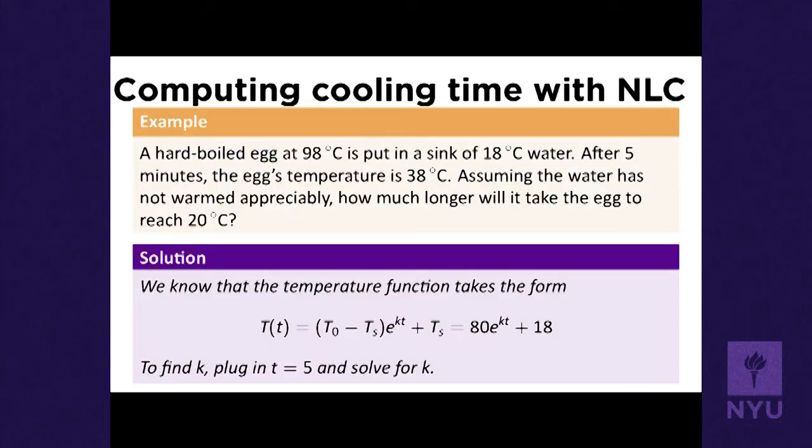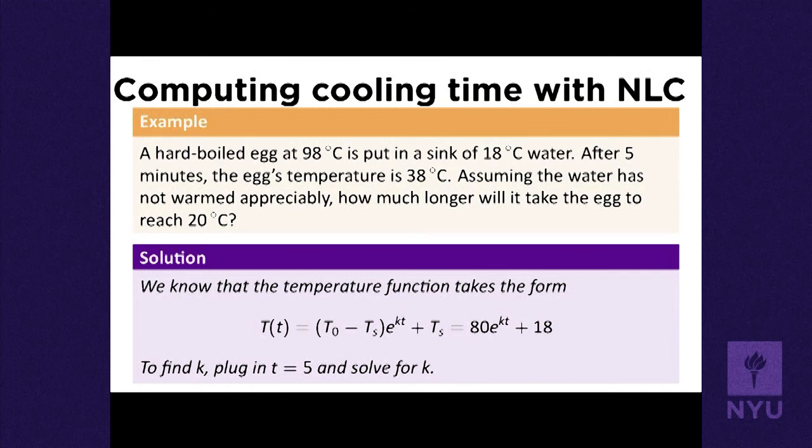The equation is temperature at time t is the initial temperature minus the surrounding temperature, e to the kt, plus the surrounding temperature. Now what's the surrounding temperature? It's 18 degrees. What's the initial temperature? It's 98 degrees. So the initial difference between the object's temperature and the surrounding temperature is 80 degrees. Temperature at time t is 80 e to the kt plus 18.